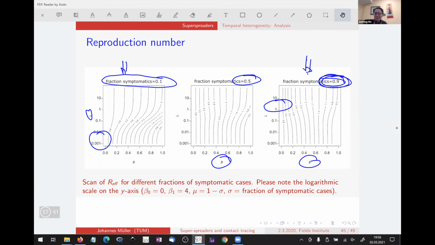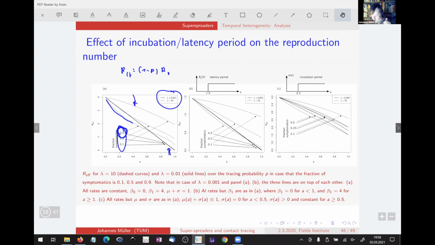I have a question from Jacques Belair. Did I understand that super spreader detection is not efficient, in your next to last slide? You said finding super spreaders will barely have an influence, or was it the last one?